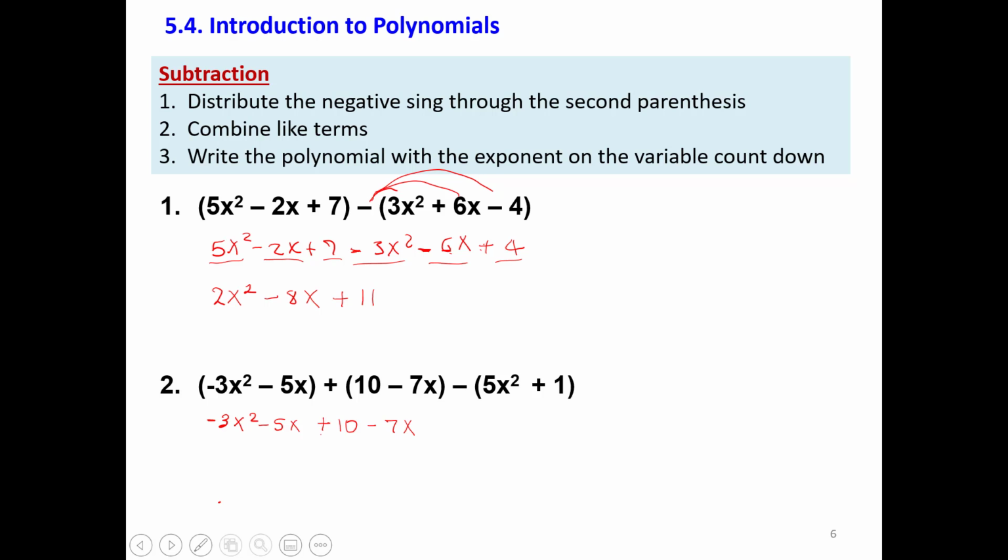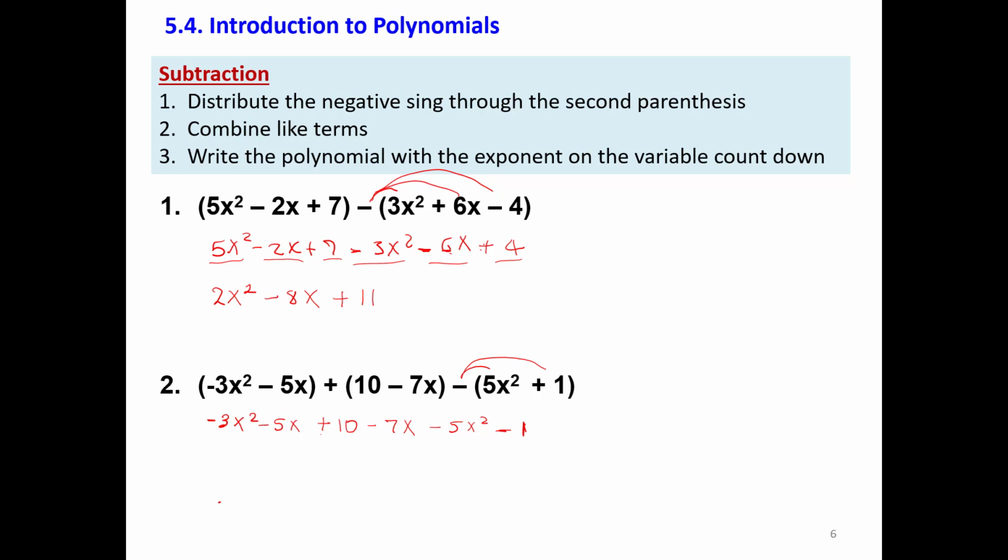Now here we have a negative sign. We have to be careful because the signs inside the parentheses change. The negative times positive is negative 5x to the second. Negative times positive is negative 1.